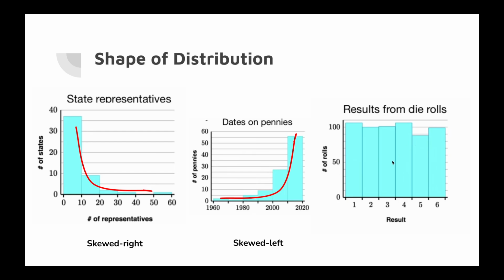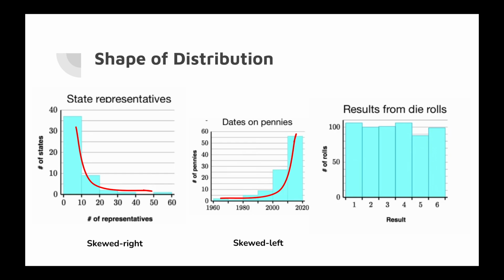Alright, we have the final one, which is results from a die roll. We have number of rolls for frequency, or the response variable, and the result, either 1, 2, 3, 4, 5, or 6, as the explanatory variable.